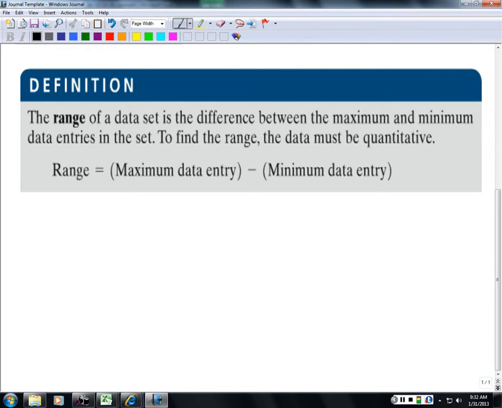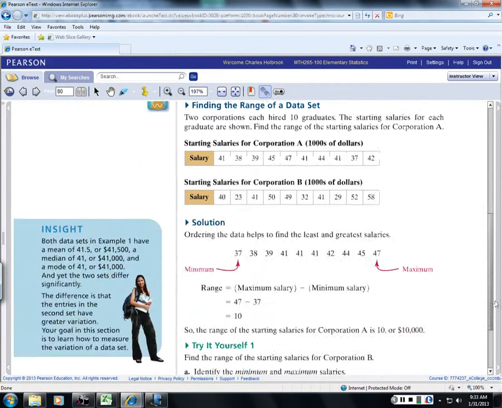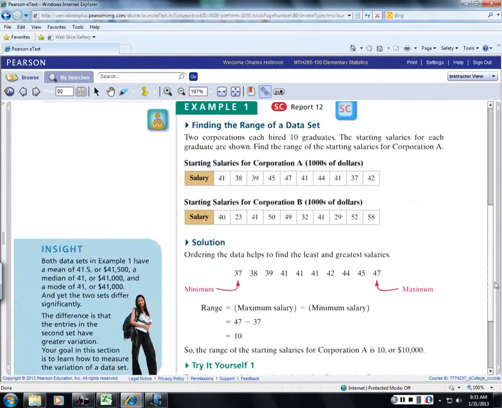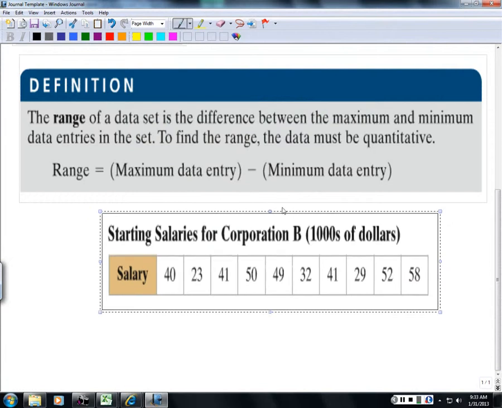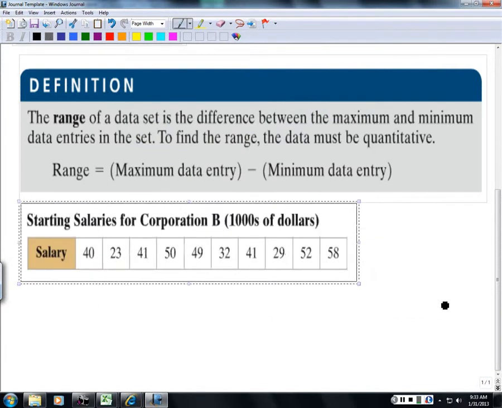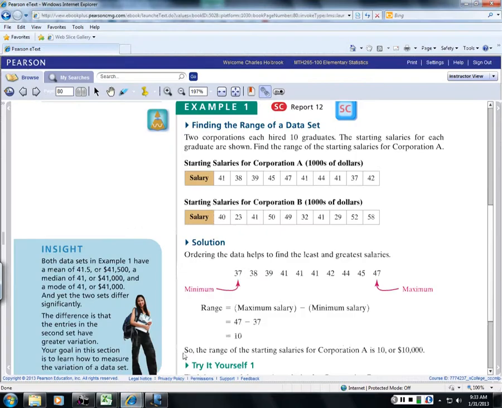And it's not that difficult to find a range on a small distribution. If it's a large distribution and you have to find the smallest value and the largest value without the benefit of a computer, it becomes a little more difficult. It's very easy to miss a number, okay? But let's look at try it yourself number 1. We're going to be working with this data set for the try it yourself number 1.